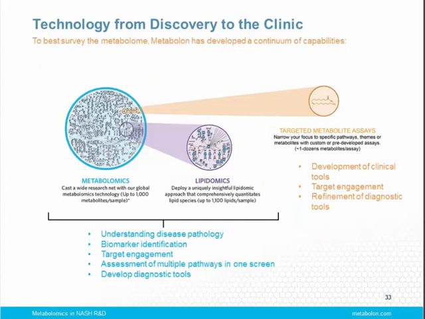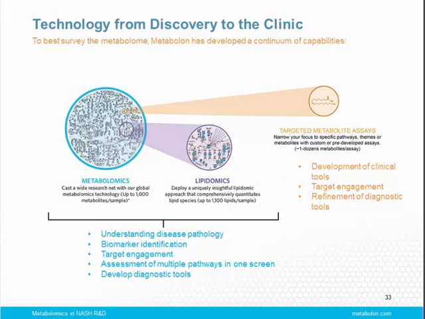And this takes us to working with Metabolon and understanding that there's a continuum of capabilities. Ideally, we use our global metabolomics platform to really understand disease pathology, cast a wide net, and use it as a hypothesis-generating tool in the identification of either target engagement or development of diagnostic tools. It's also a very convenient way to assess multiple pathways in one screen.